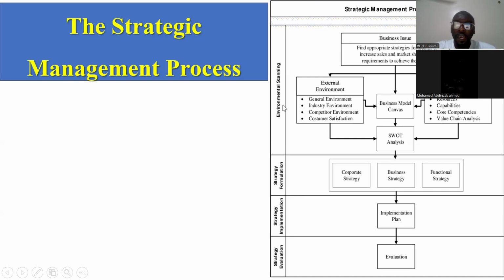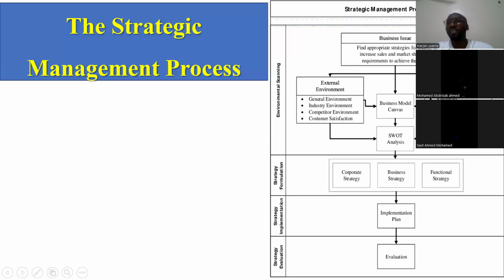So remember, number one, when we were covering the environmental scanning, we said that we have two types of environment. We have the external environment and we have the internal environment. And we covered in detail these two environments.